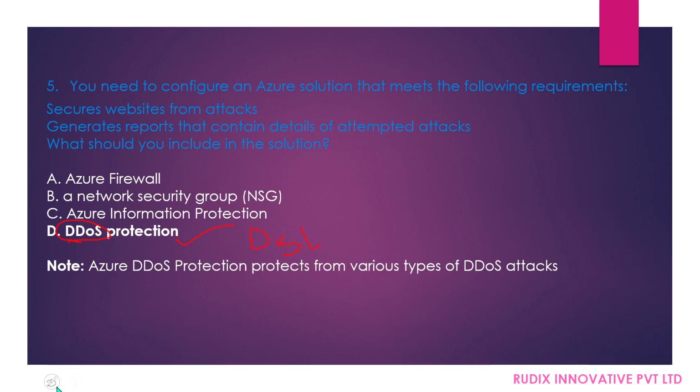So coming to this, what you should include in this solution is DDoS Protection. The firewall and network security group are network security related, and information protection is for classifying and protecting data. These are not related to this question.